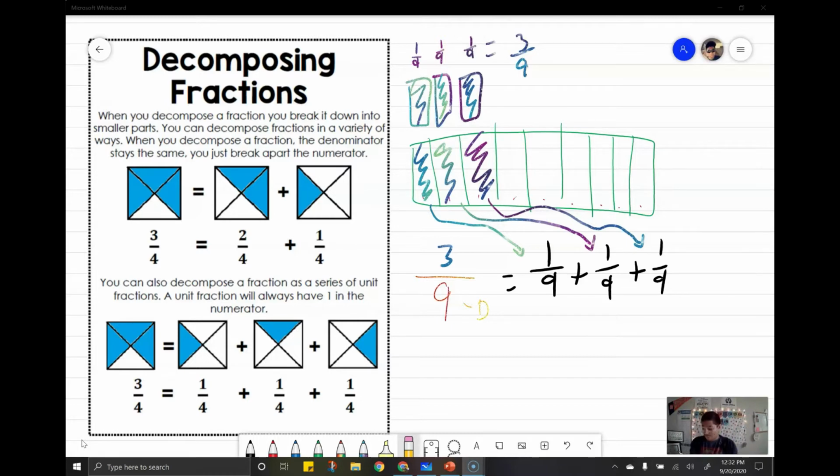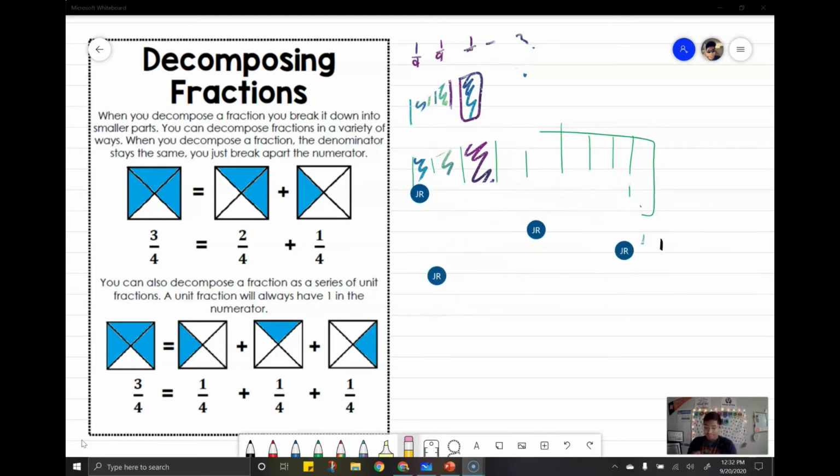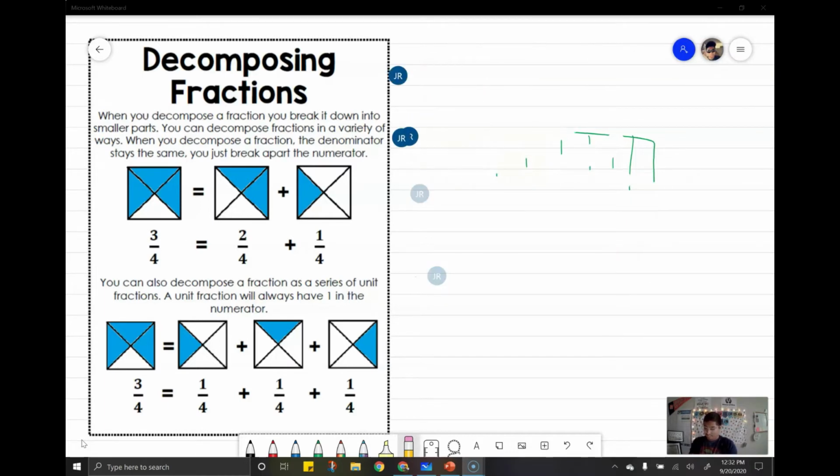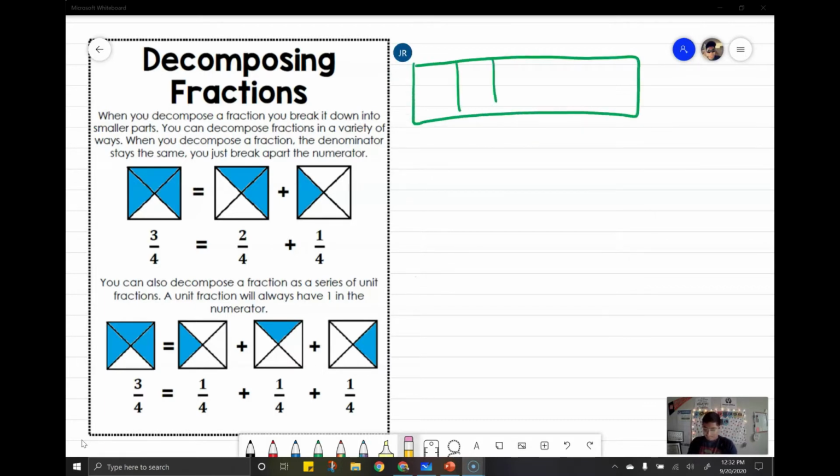Now there's more than one way to do this, obviously. So we can break down a fraction into its unit fractions, okay? Let's do another one where I do that again. Okay, let's see. Okay, so I broke this one into how many pieces?